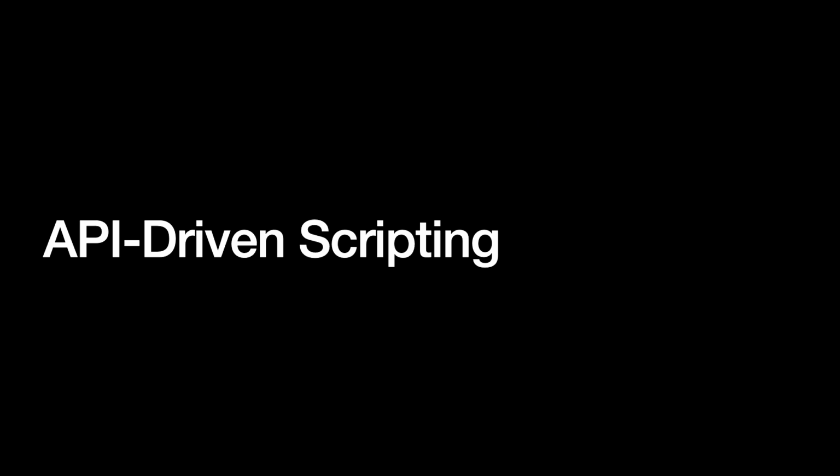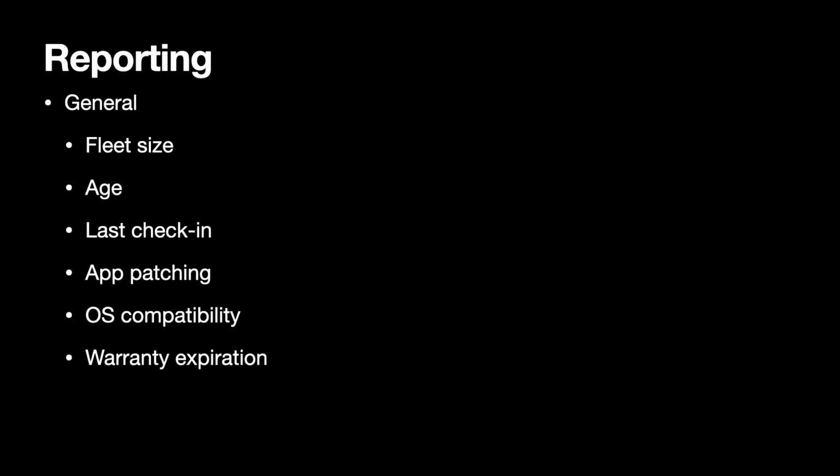Now the next section is we use scripting heavily, but we also use the Jamf Pro API quite heavily. So we use it for reporting. I generate reports automatically, daily and monthly, on the fleet and its compatibility and warranty information.